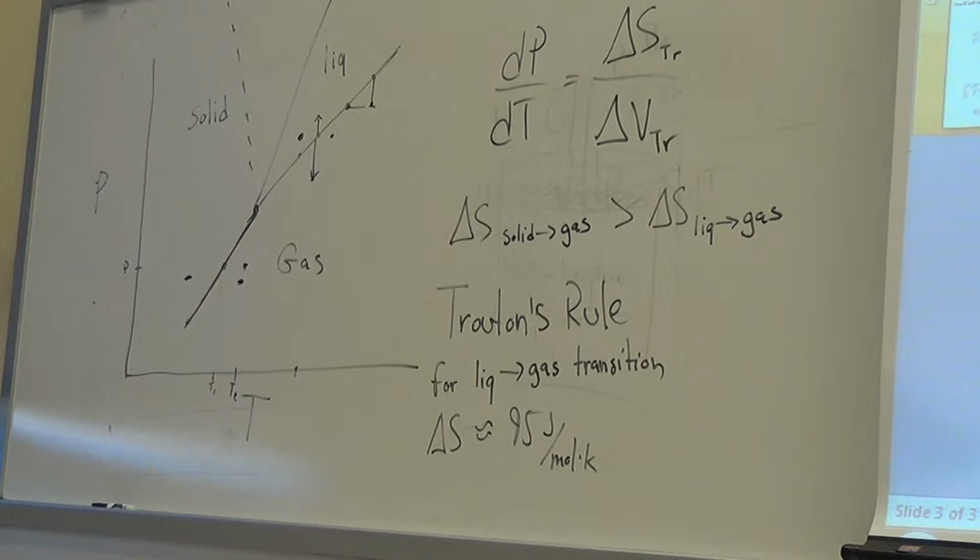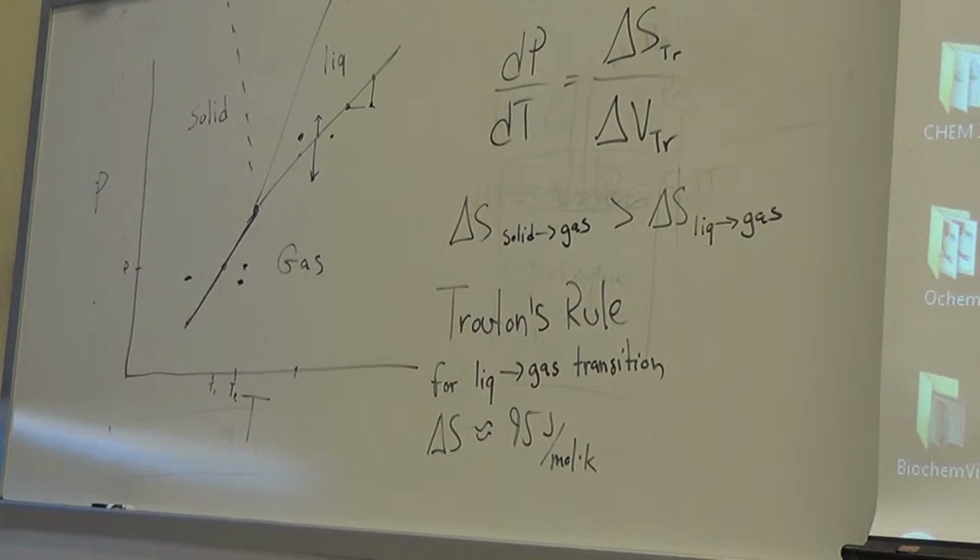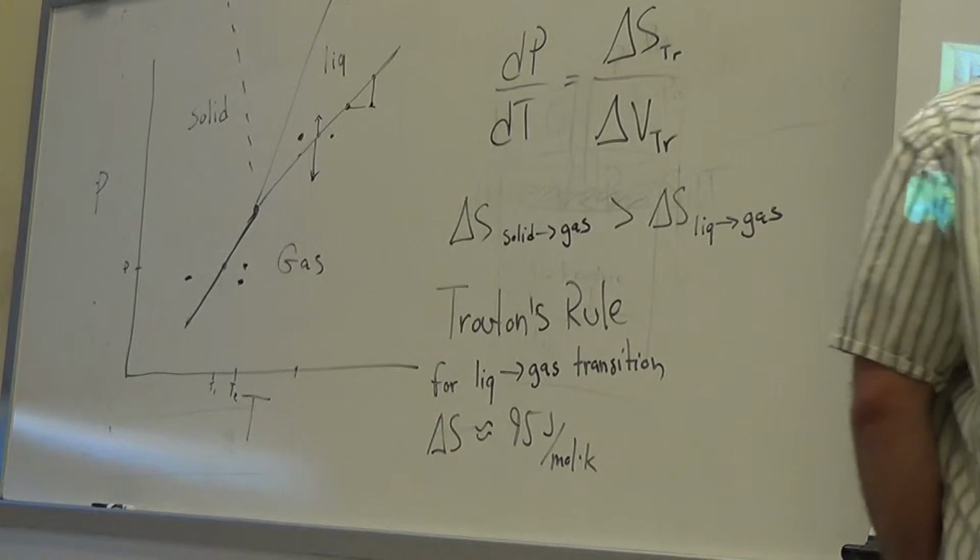Let's dig that homework problem up. Number 9 says the normal boiling point of benzene is 80.1 degrees Celsius. Estimate its delta H value and its vapor pressure at 74.